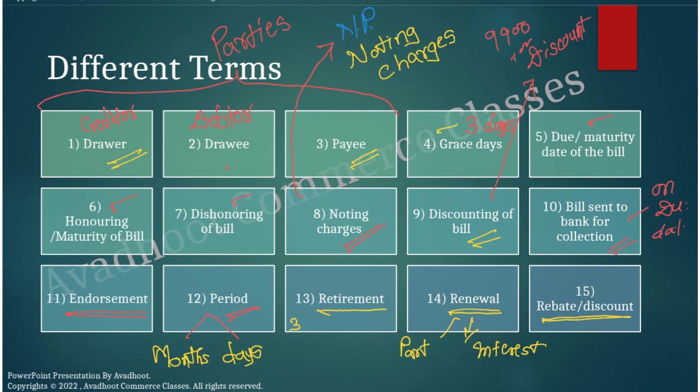Part payment is sometimes made and sometimes not, whereas interest is payable on the renewal. That renewal interest is to be paid by the drawee to the drawer, and it is more than what is required. We have also told what rebate and discount are. That is most important. These are the different required terms which are necessary to solve the problems, and we have seen them.